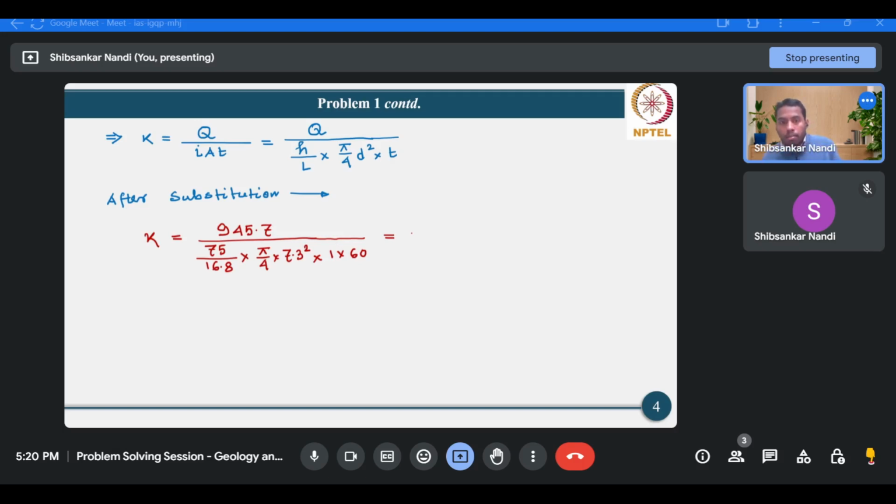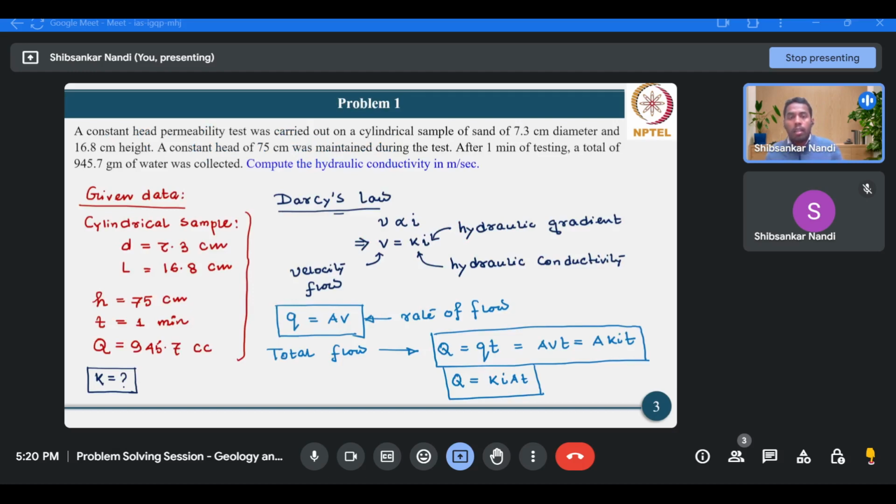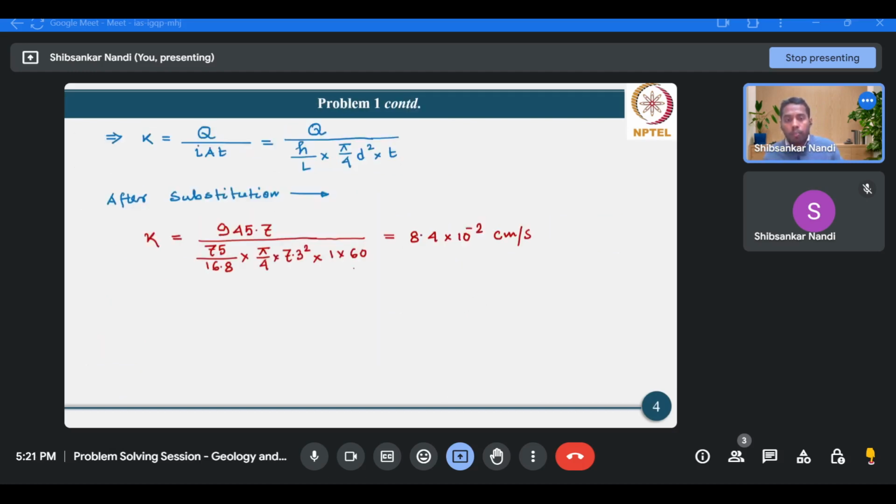So it's 8.4 into 10 to the power minus 2 centimeter per second. However, we have to report the hydraulic conductivity in meter per second. So that's why we have to divide this value by 100 to get it in meter per second.